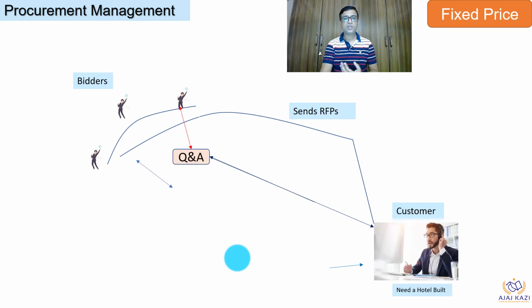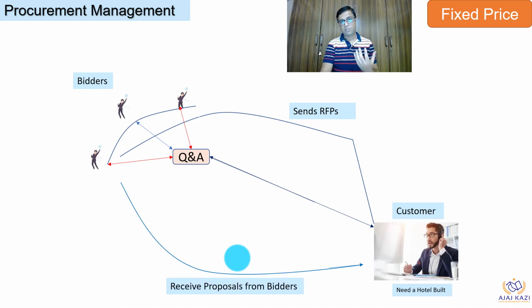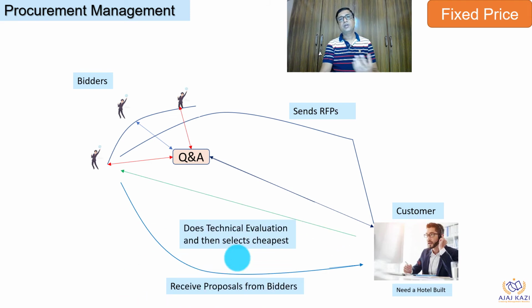So there is a lot of question and answer between the bidders and the buyer, and finally they send their proposals with proper scope and understanding. Based on the technical evaluation, the customer chooses the cheapest. So what he does, he brings everybody onto the same platform, so understanding is common between the bidders. He selects the lowest bidder. So that's how a fixed price contract works.